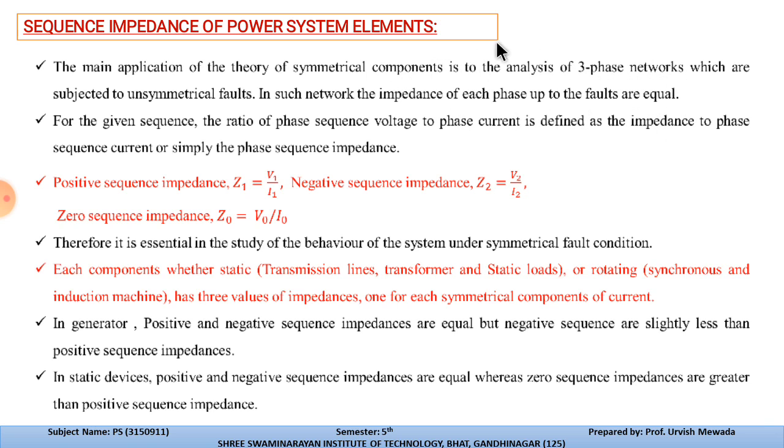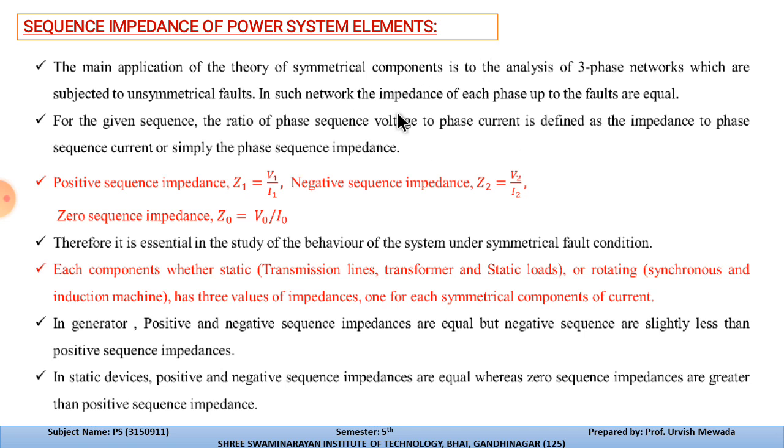So for the given sequence, the ratio of the phasor sequence voltage to the phase sequence current is defined as the impedance to the sequence current. To determine the impedance of the phase sequence current, we need to check the phase sequence voltage to phase current. From that we can determine the impedance of the phase sequence, and therefore we can simplify the phase sequence impedance.